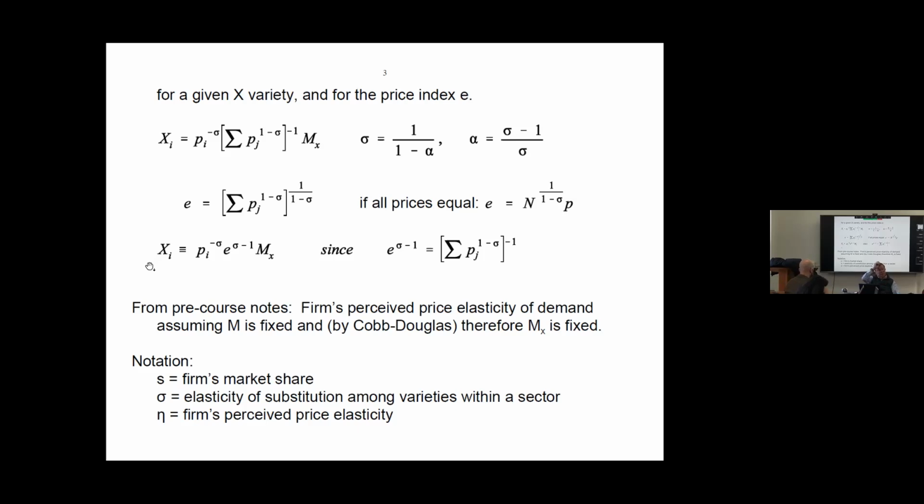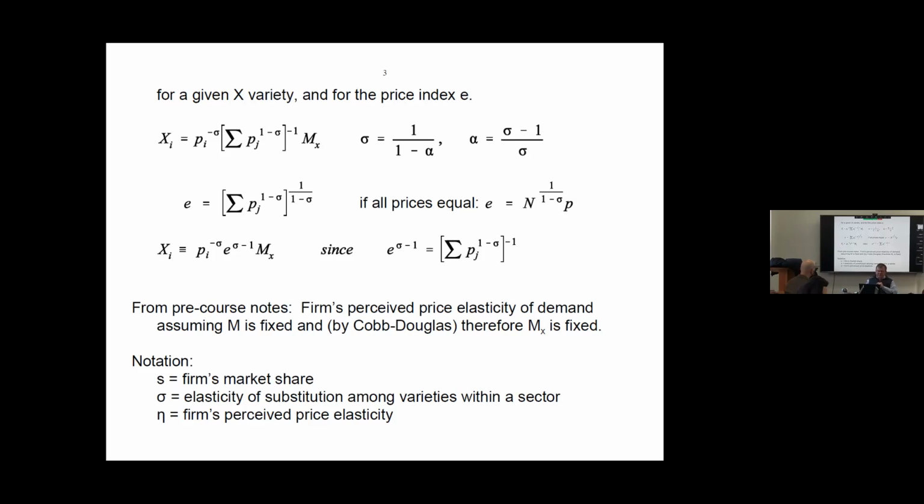There's then an even stronger assumption that is very helpful for getting analytical results, something we talked about yesterday, which is that modelers very typically assume that the number of varieties is very large, so that when you change your own price, there's imperceptible change in E. Your own price is in the expenditure function E, but if it's one of 1,000 prices, the effect of your own price on E is assumed to go to zero.